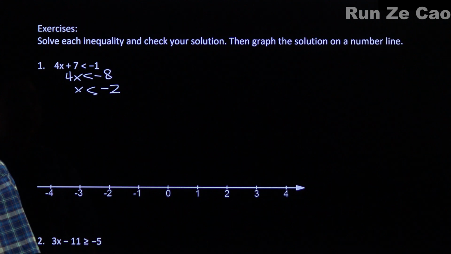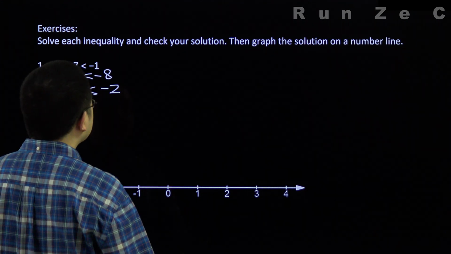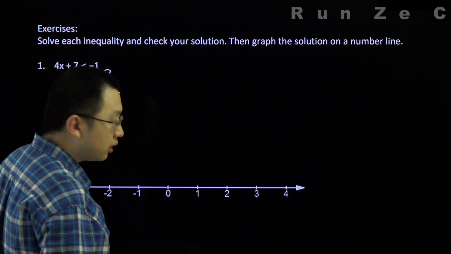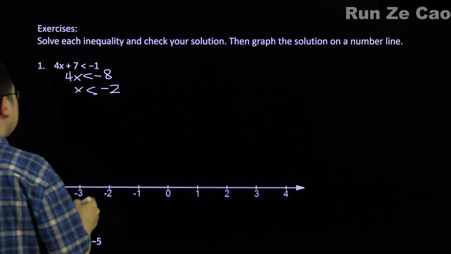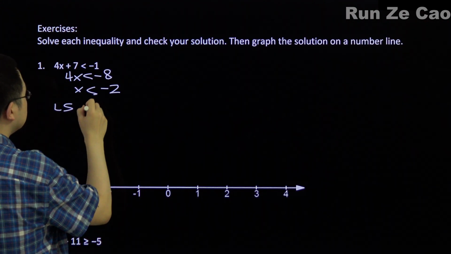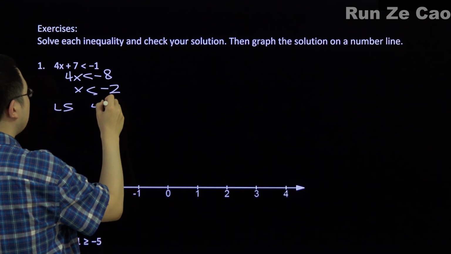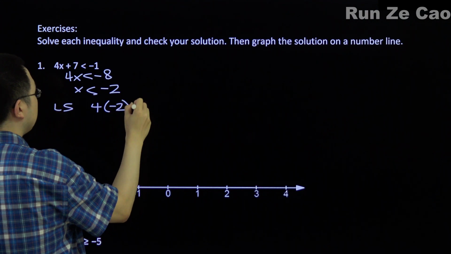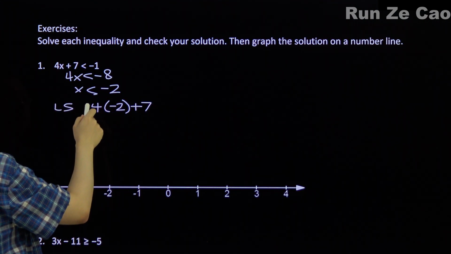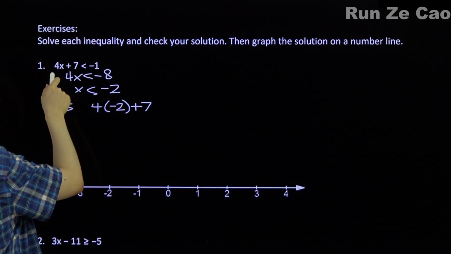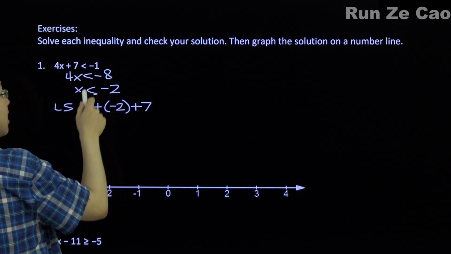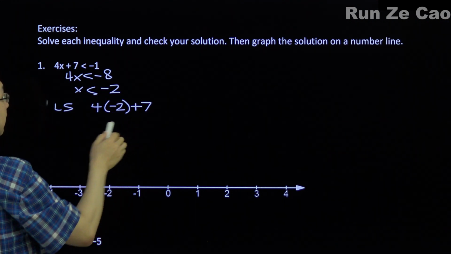Now let's say we want to check this by writing it out instead of by talking it out. We would find that left side is, what's the relationship between left side and 4 times negative 2 plus 7? X is less than negative 2. So the left side is equal to 4x plus 7, which is going to be less than 4 times negative 2 plus 7.